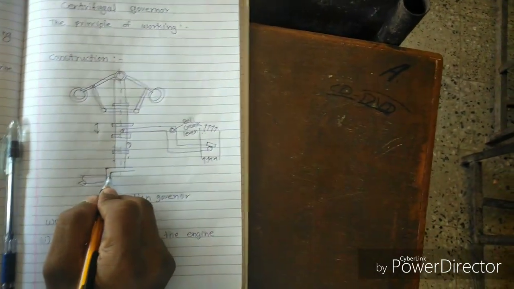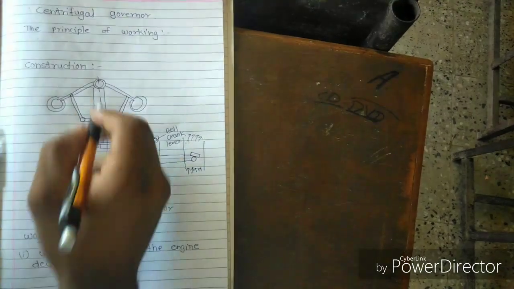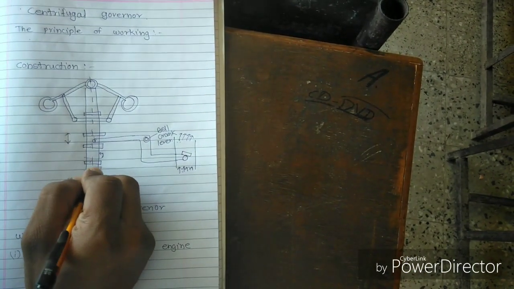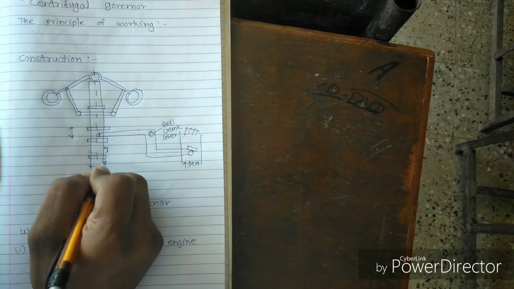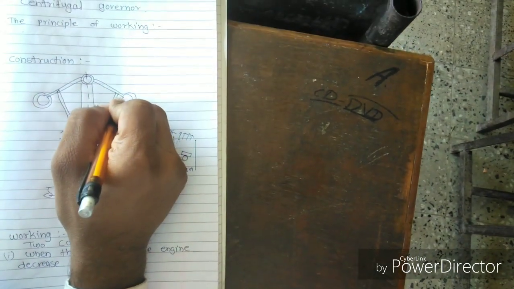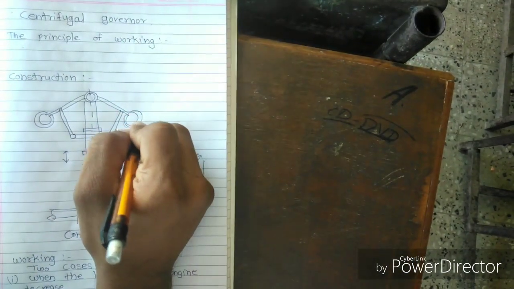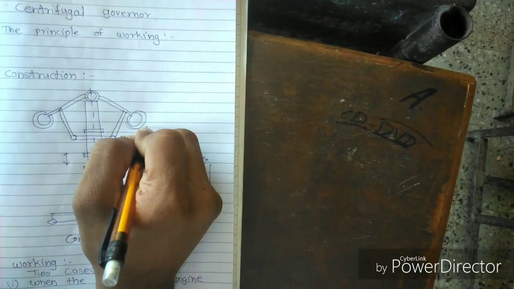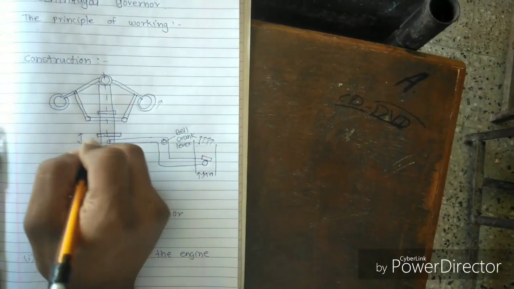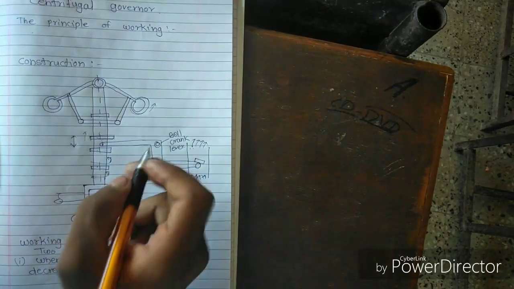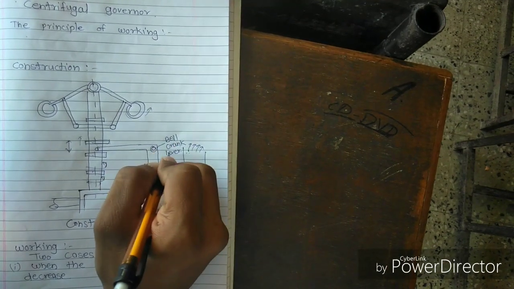When the load on the engine decreases, then the speed of the engine increases, and therefore the speed of rotation of this central spindle will increase, and due to this increase in speed, the centrifugal force on these two fly balls also increases, which leads the fly balls to move in outward direction, and this leads this sleeve to move in upward direction, thereby operating this throttle valve through this bell crank lever.